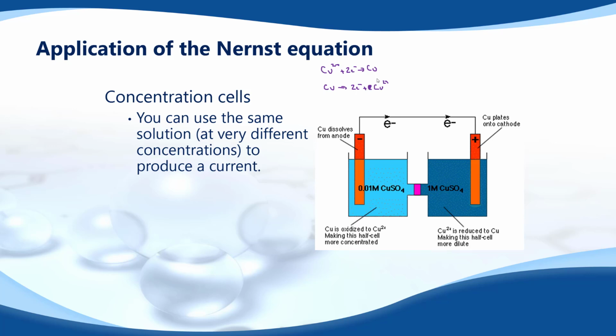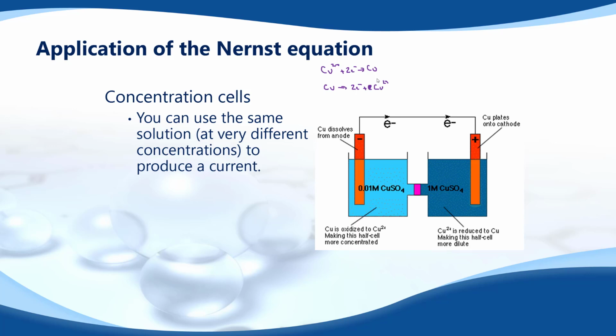Since this shift still has to occur, we're not at equilibrium, so K isn't equal to 1 yet. Right? Since K isn't equal to 1, ln of K isn't equal to 0, so that whole negative RT over NF ln of Q doesn't actually cancel out. There will be a non-zero value here.